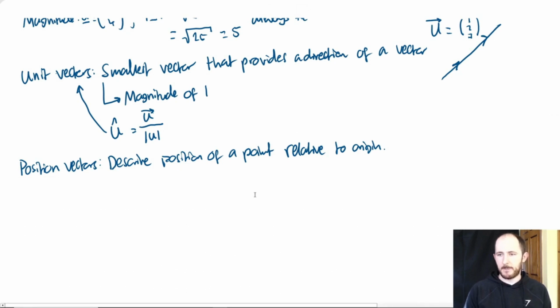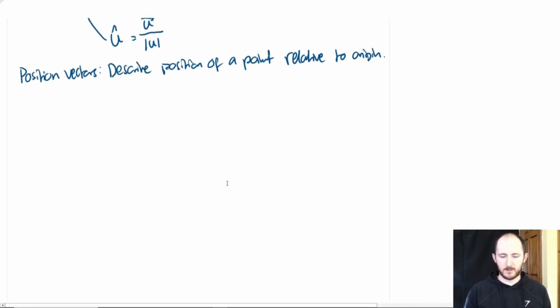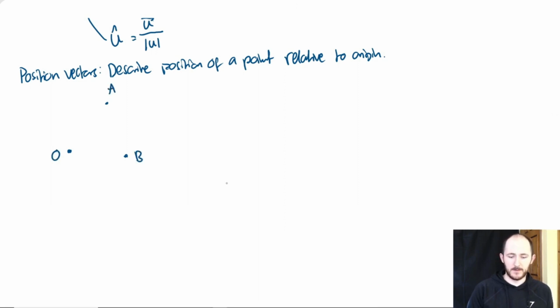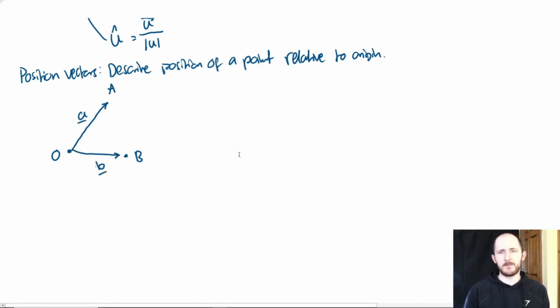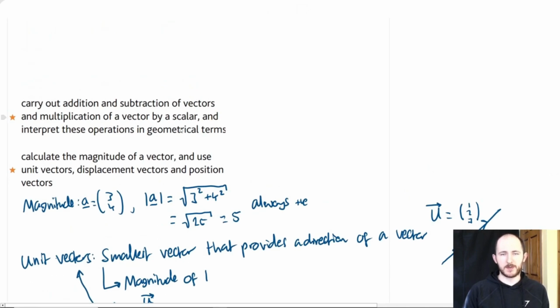Okay. So as an example, what we can do here is if I had a triangle, right, and we had two other points, so we have A and B, and we have O here, then the position vectors you could have as A and B. By the way, just so you know, this is actually also covering the addition for geometrical terms.